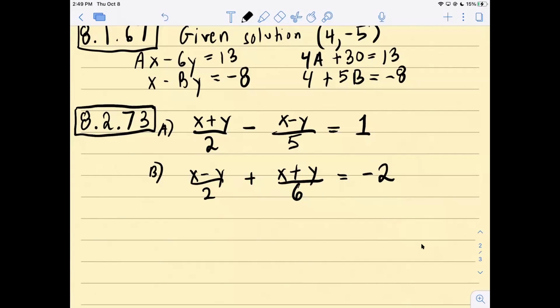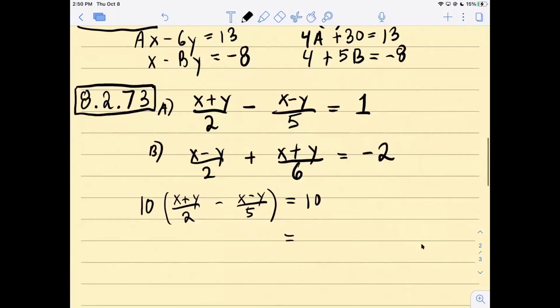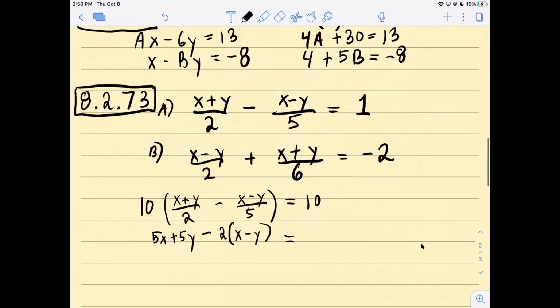But if you just multiply everything by 10, I'm going to write it out: 10 times (x plus y over 2 minus x minus y over 5) equals 10. And then you get here 5x plus 5y, because the 2 will cancel with the 10, minus 2 times (x minus y) is equal to 10.